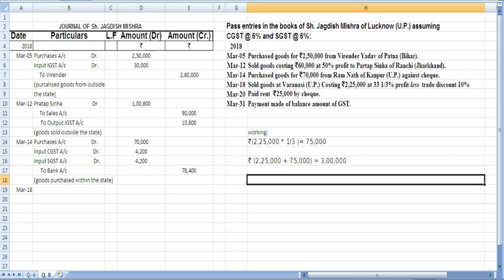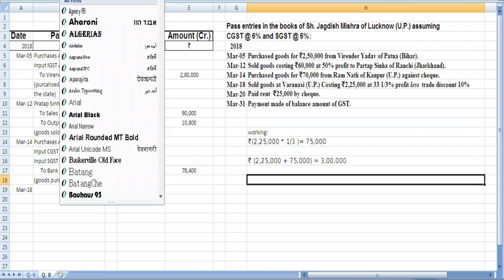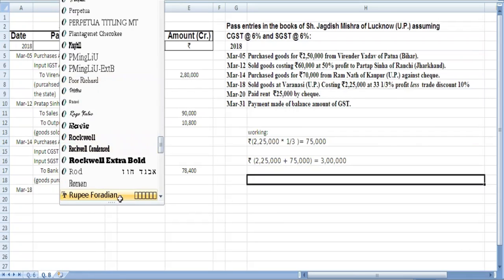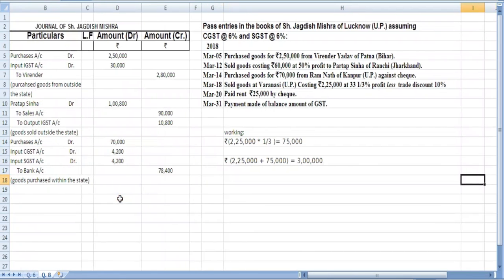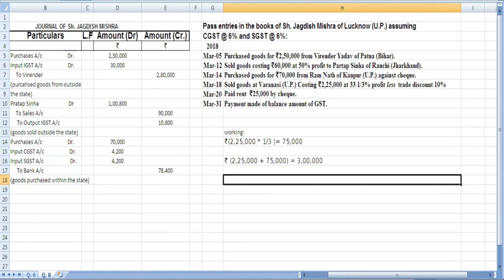Then we have this 3 lakh and 10% is trade discount. So 3 lakh minus 10% is coming as 2,70,000.